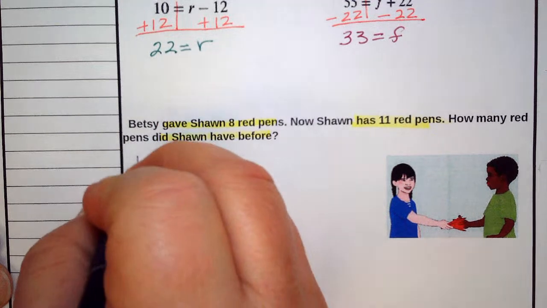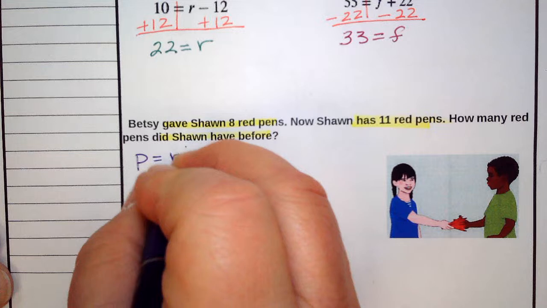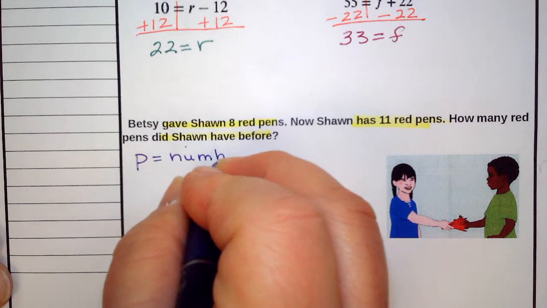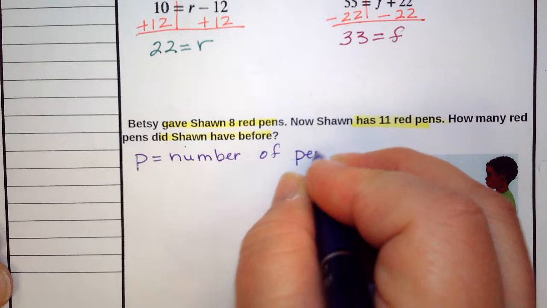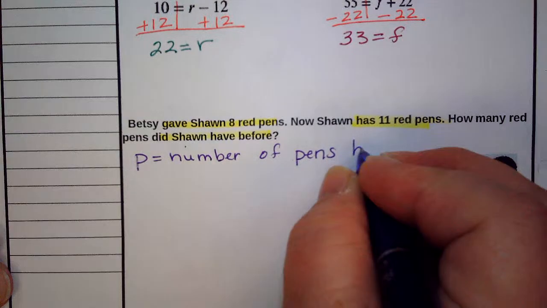Our variable. What do we want to use for our variable? How about P? P is the number of pens Sean had before.